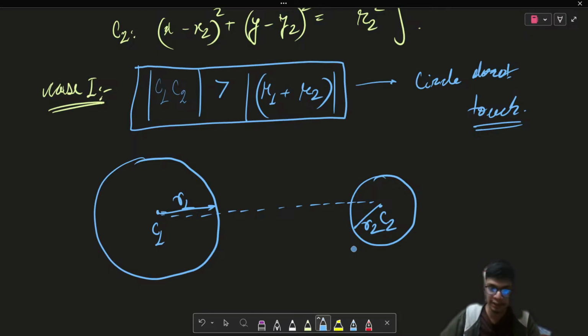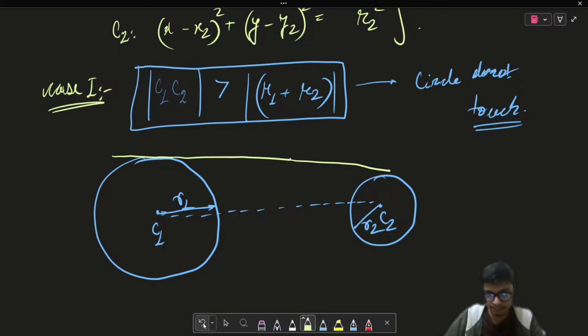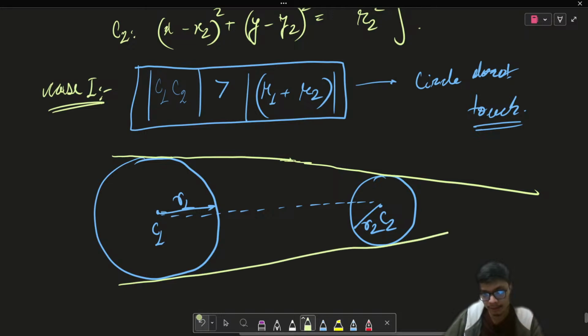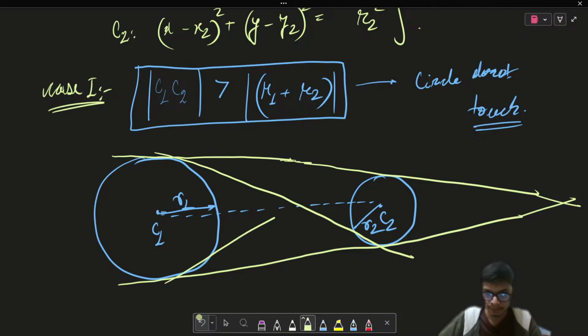For common tangents, we will have one, two like this, and also one more of this kind.